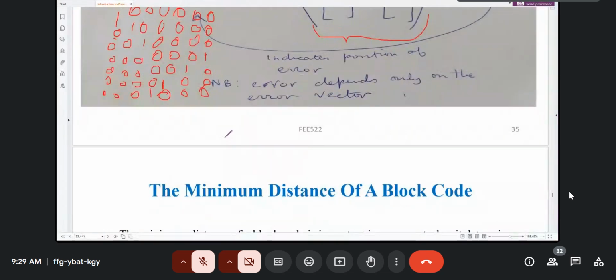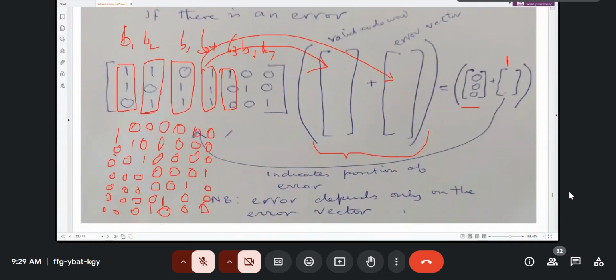So is it clear to everybody how syndrome decoding is done? This syndrome decoding establishes which bit is in error. So you can see with this one, not only are you able to detect the error, you're also able to correct the error.